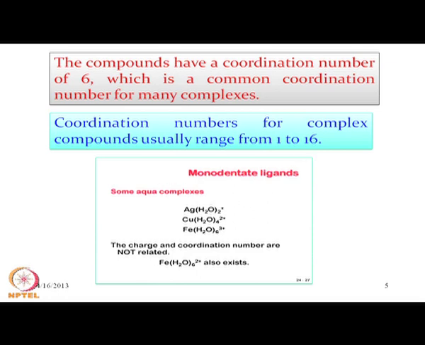So, the first thing that we are discussing will continue in our next class also, where we will have some monodentate ligand, that means one point of attachment to the metal center, giving these species, and there is no charge.